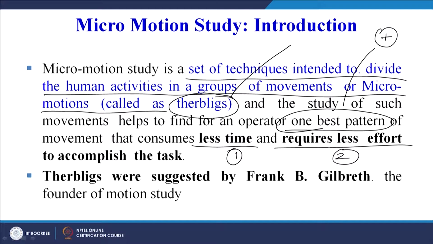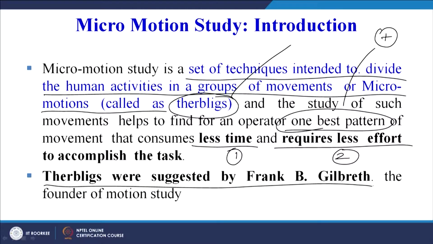So, it is time saving and it requires less effort for performing the task. So, we will try to understand what these Therbligs are. There are specific Therbligs for specific micro motions in the next session, and what is the need to do this. Already, I think 3 times in today's session I have highlighted the importance of micro motion study.